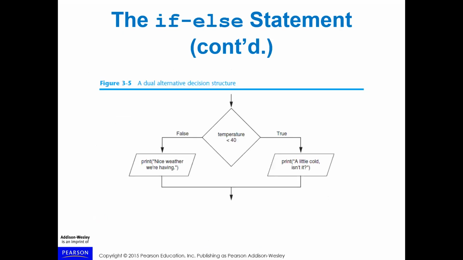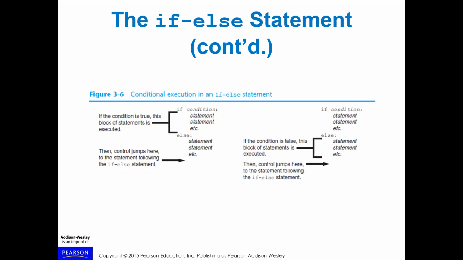We've already talked about the flow chart. You can see here the more detailed description of how to do it in Python. So if the condition is true, then this block of statements is executed. Else, we execute this one.